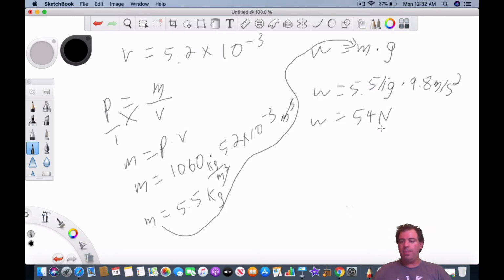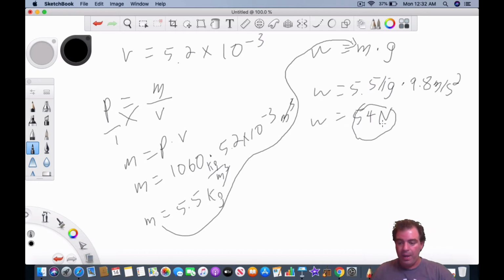The second part of the question was, of course, to find the overall percentage that the blood has in the body. So we simply take 54 newtons and divide it by 690, which is the entire weight of the body.